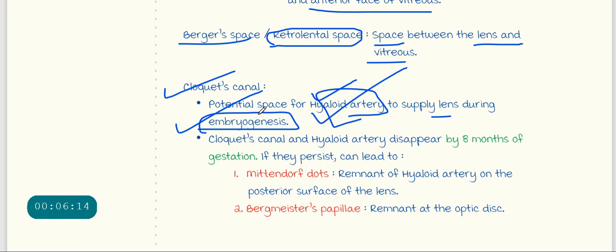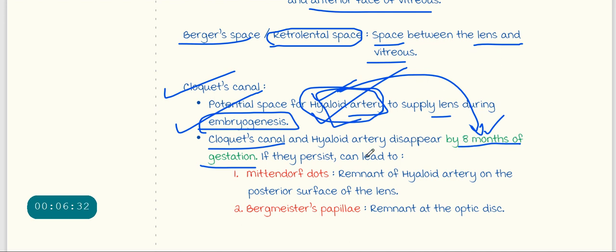Now the clockwork canal, or you can say the hyaloid artery, gets diminished after 8 months of gestation.